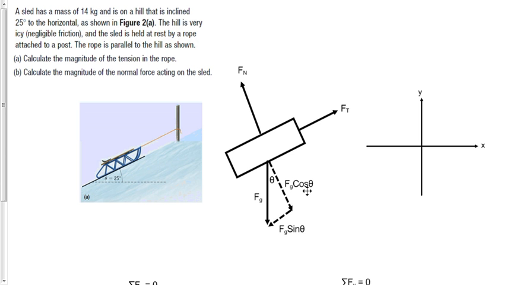So how do we know where these things are pointing? Well, the first thing we know is tension is pointing directly up the hill. You can see I've drawn it in the same direction: here's the rope, here's the tension. Gravity always points straight down towards the center of the earth. And the normal force, this is where sometimes people get a little confused, always points perpendicular to the surfaces that are in contact.